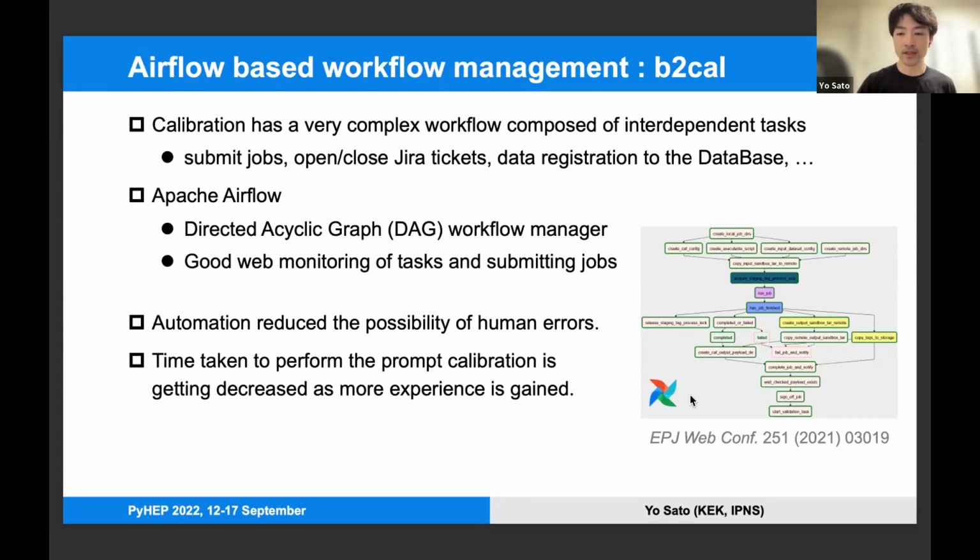As shown, it's very complicated to do manually. So this helps to automate the process, and it also reduces the possibility of human error. And the time taken to perform the prompt calibration is decreasing as more experience is gained.